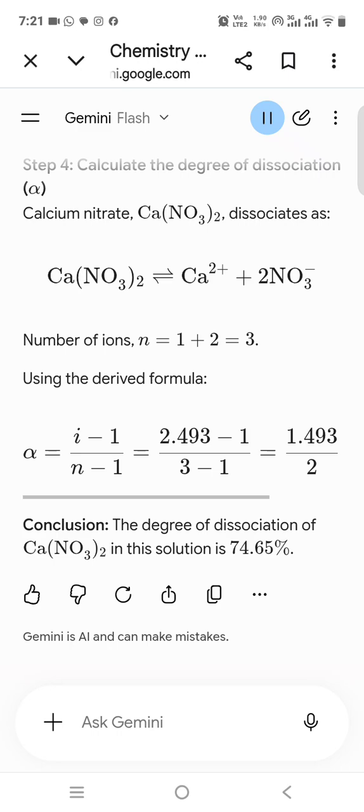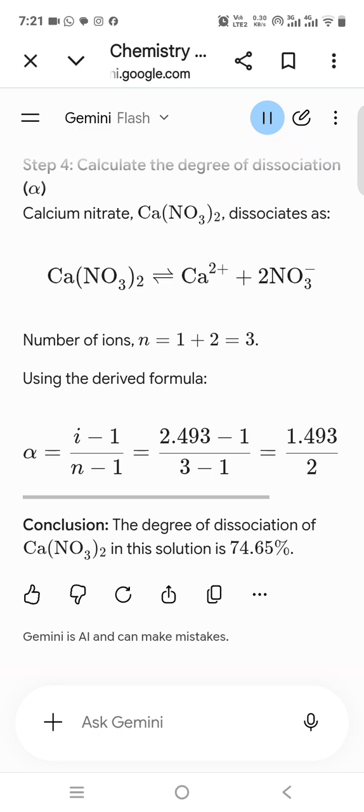Calculate the degree of dissociation of the salt. K_b for water equals 0.52 K kg mol^-1, molar mass of Ca(NO3)2 equals 164 g mol^-1.